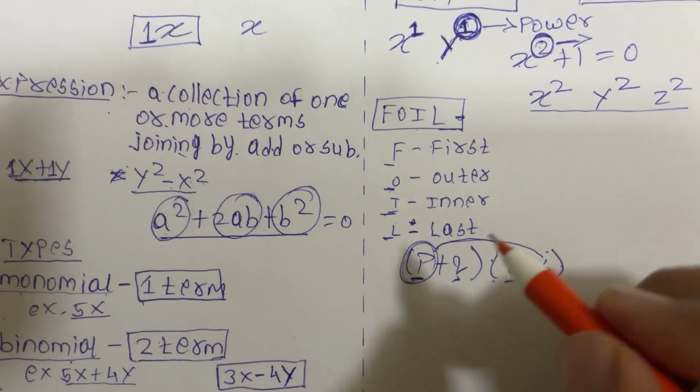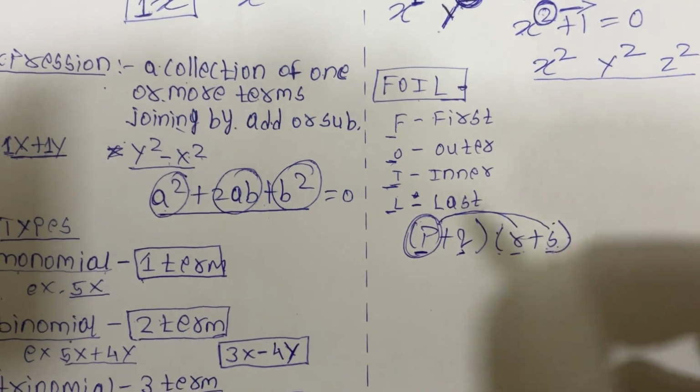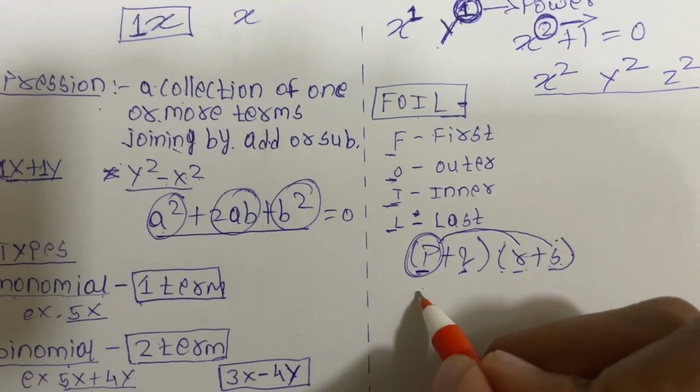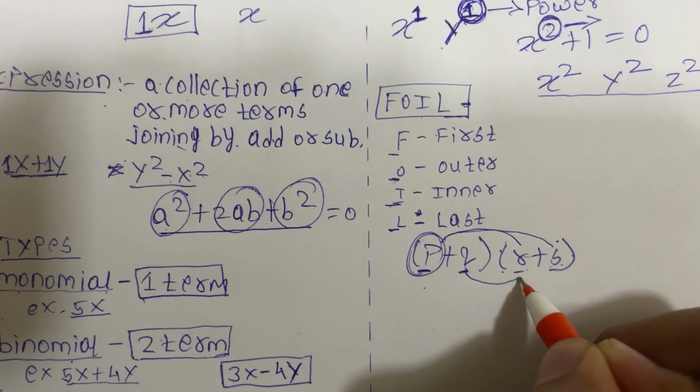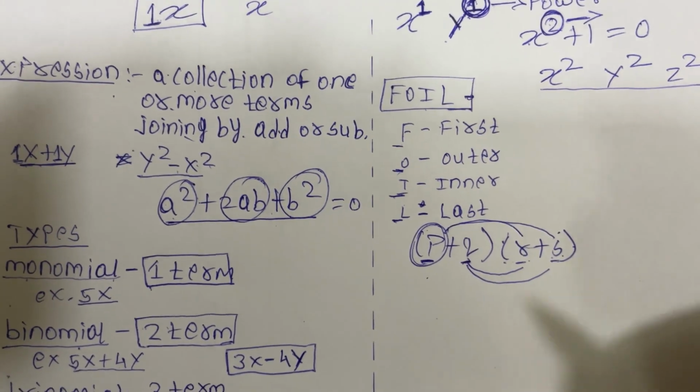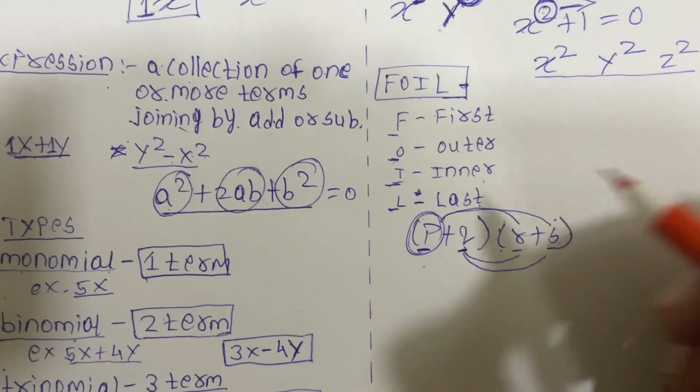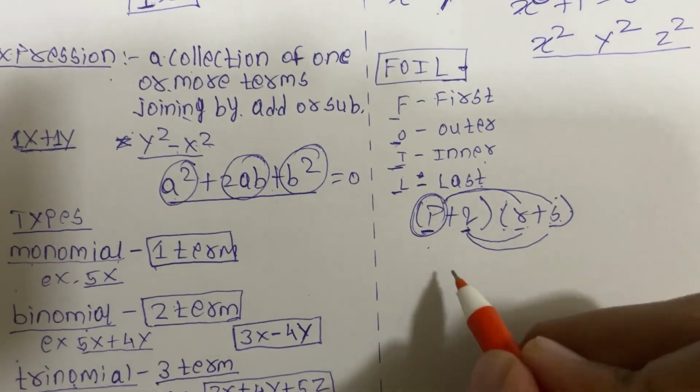And then further we will multiply the second term with these two terms. So this is called first, outer, inner, last. I will show how it is solved.